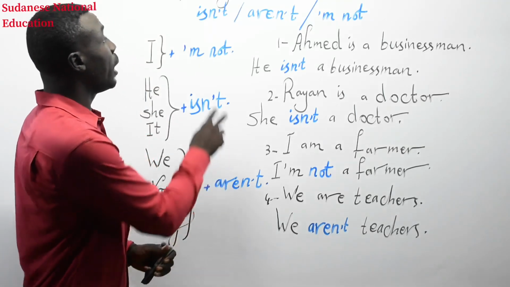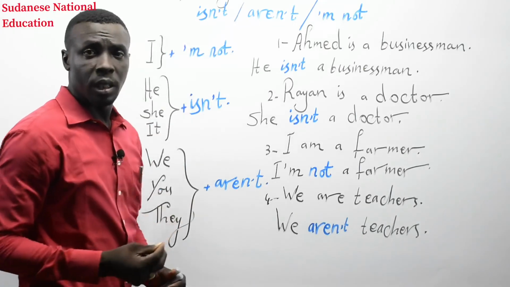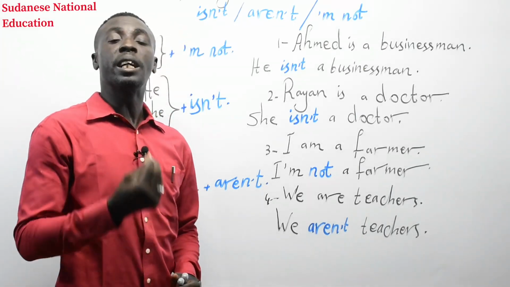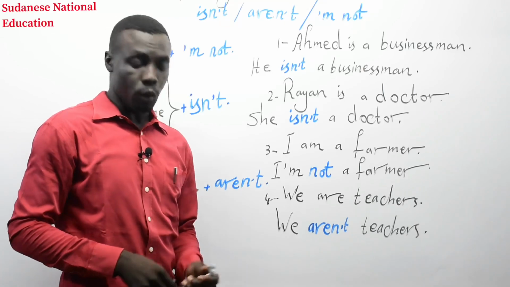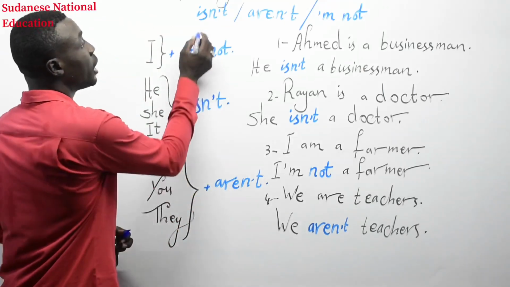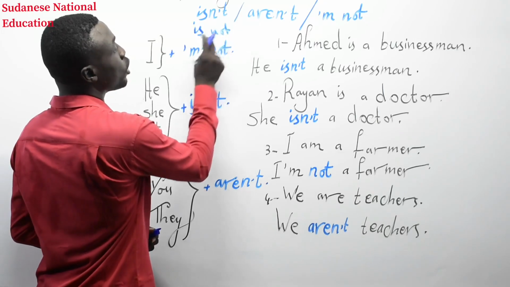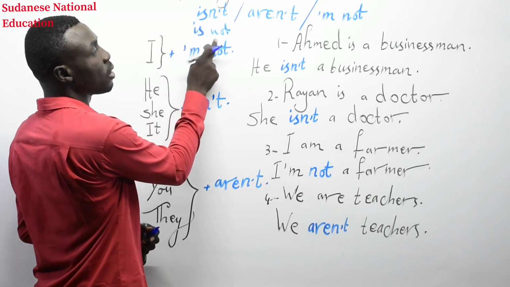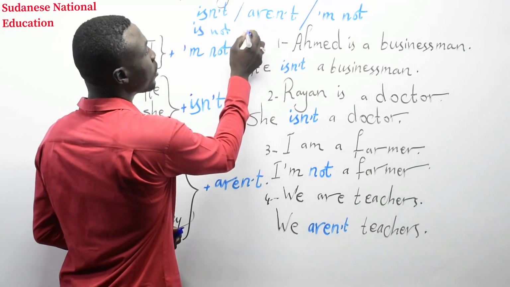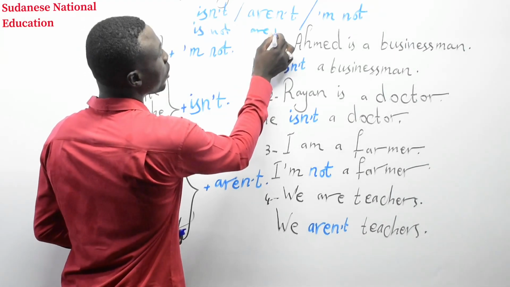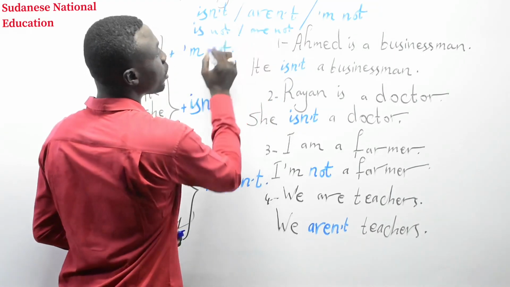When we say isn't, it is a contraction of is not. Aren't is are not. You see?